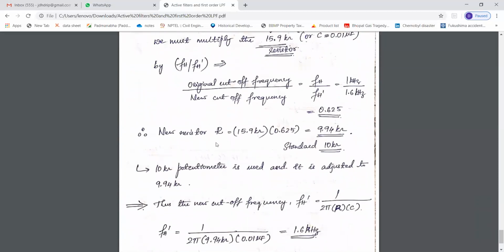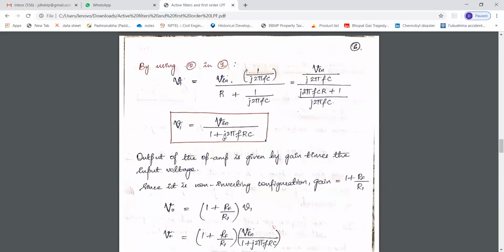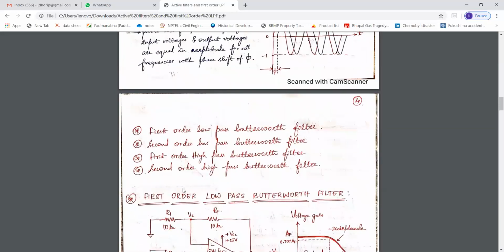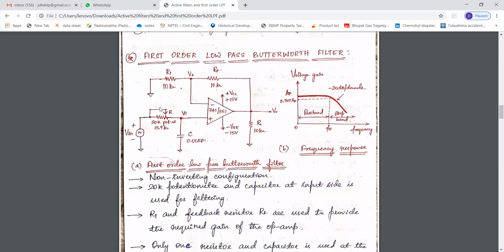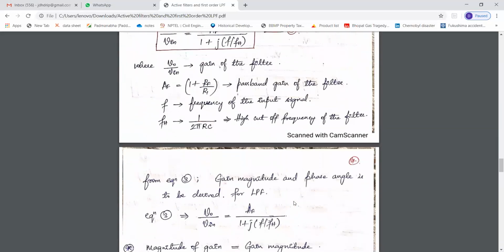So I'm going to multiply 15.9 kilo ohm with this ratio. I'll get a new resistor value R that I'm supposed to use in this place, in order to change the cutoff frequency to 1.6 kilohertz.